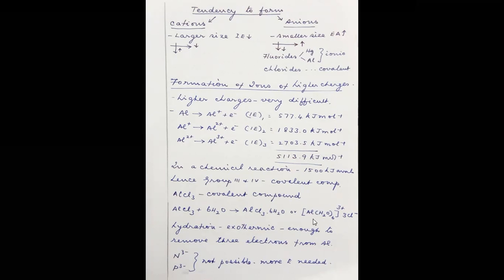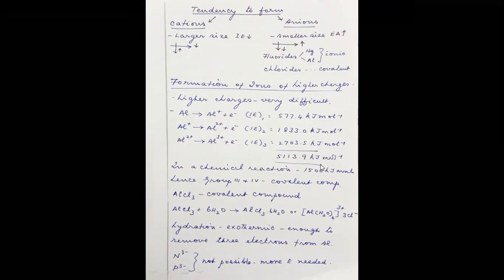So this aluminium is the central metal atom, and the water molecule is the ligand, and 6 ligands are connected to aluminium, and finally the overall charge of the coordination sphere is 3 plus. So in order to compensate the 3 plus charge, 3 Cl minus ions are present outside the coordination sphere. How is the aluminium in the 3 plus oxidation state here?